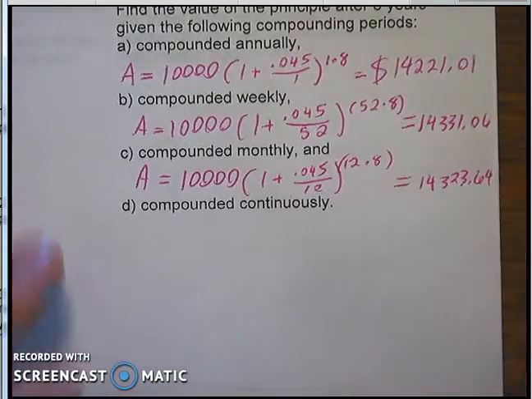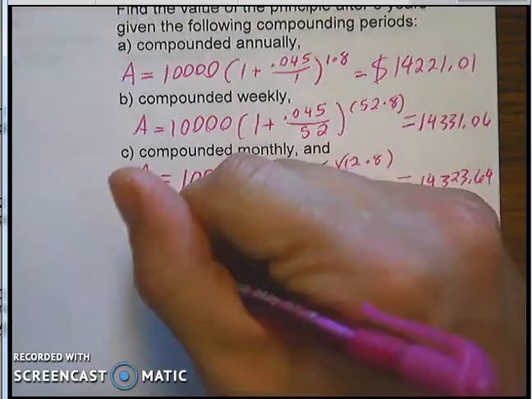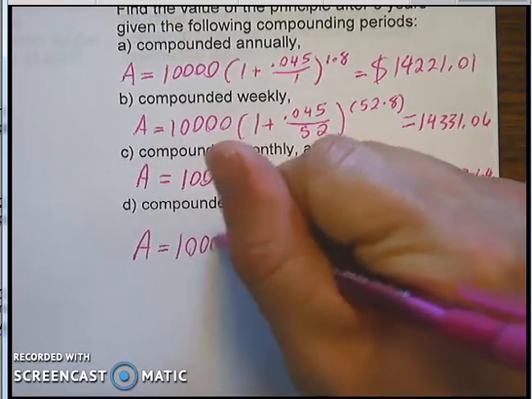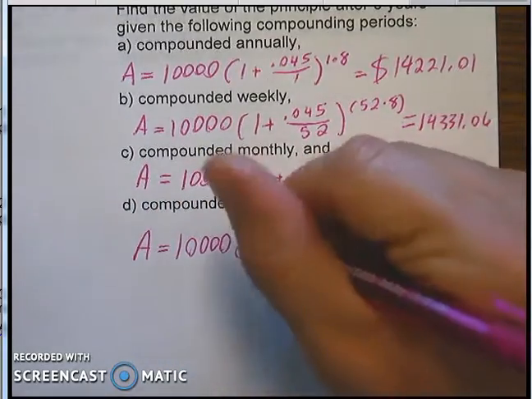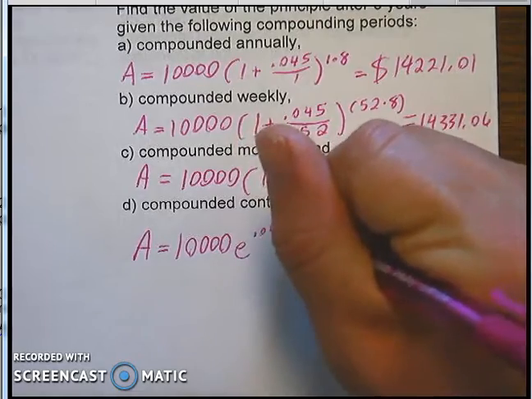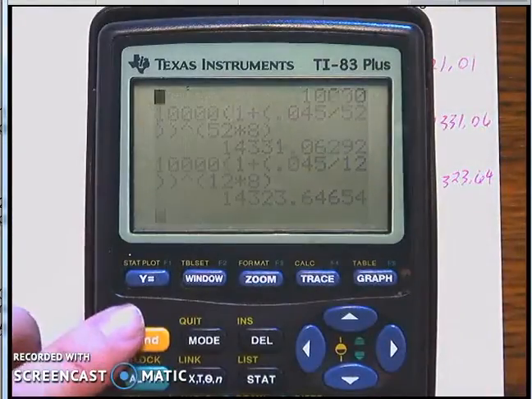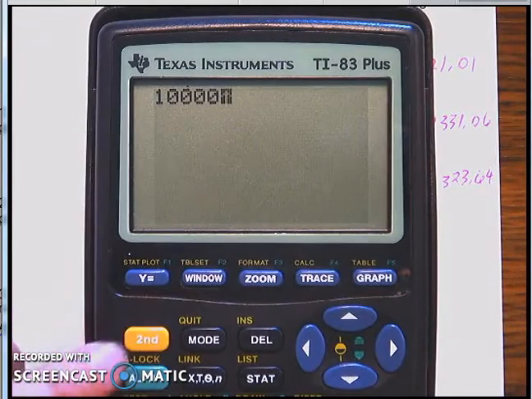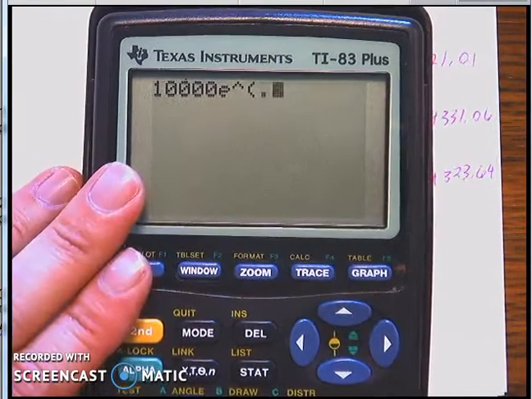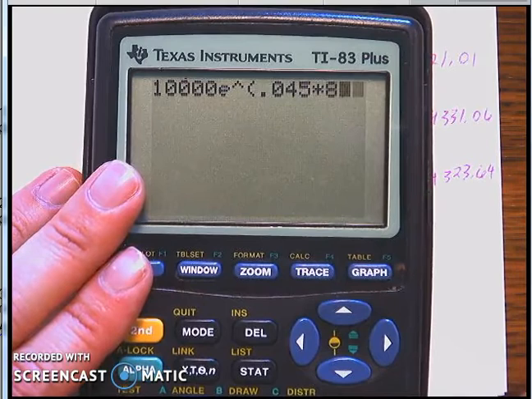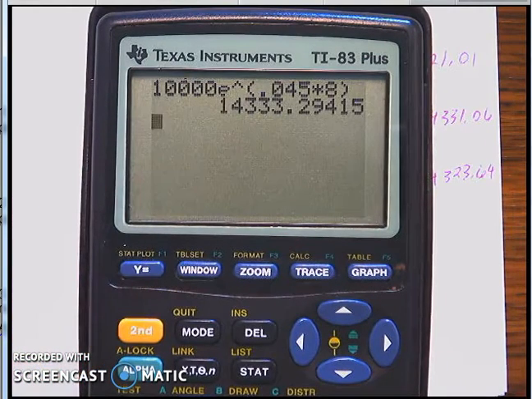Compounded continuously, that's going to be different typing it into the calculator, because that's A equals 10,000 times e to the 0.045 times 8. So when I type that in the calculator, 10,000 times e to the 0.045 times 8, like that, gives me a little bit more money.